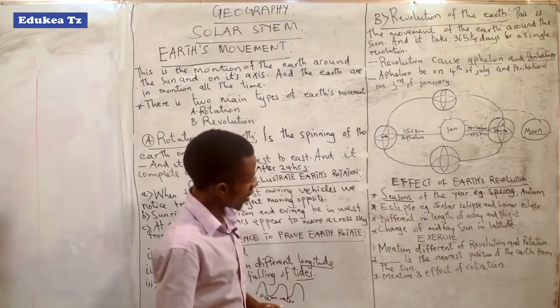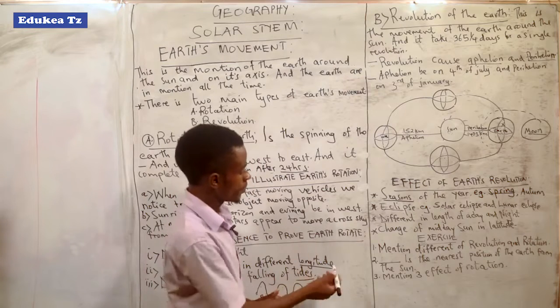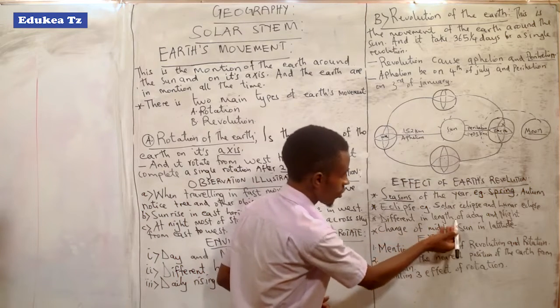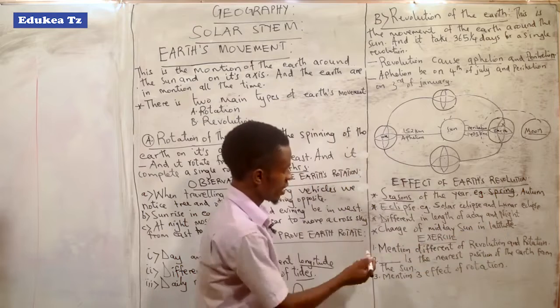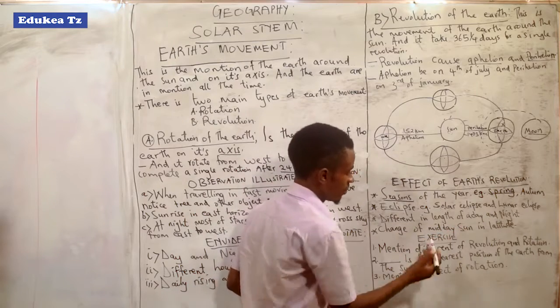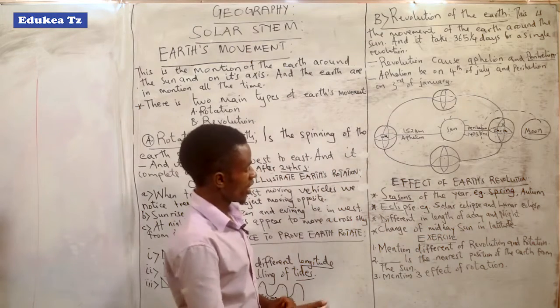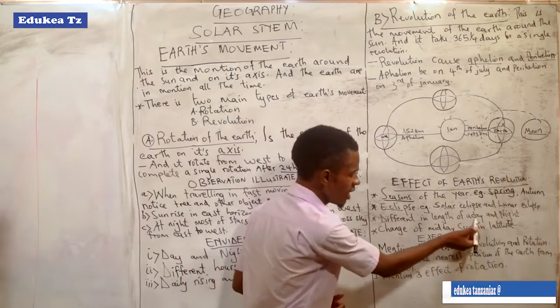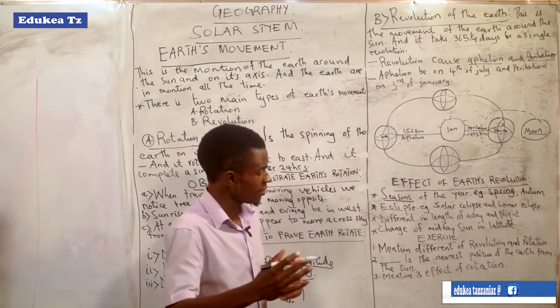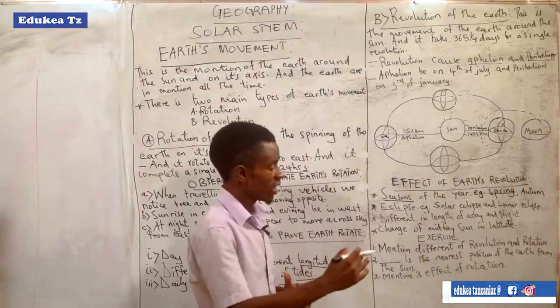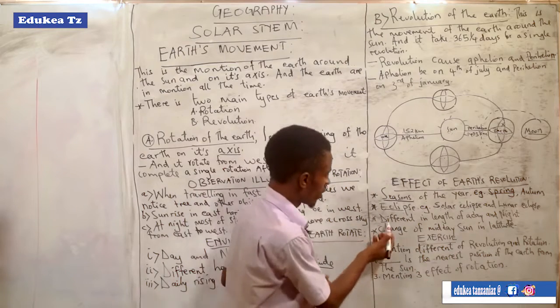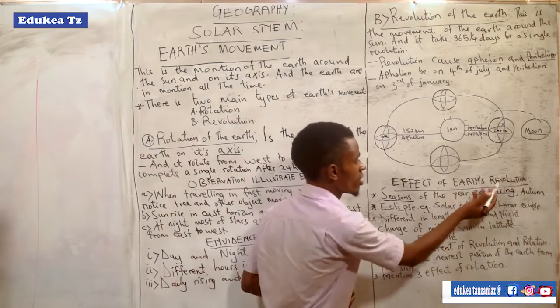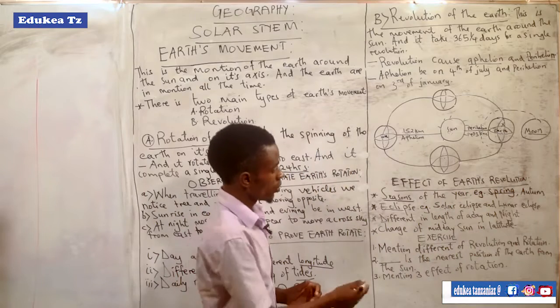Then the third effect of the Earth's revolution is the difference in the length of day and night. This means that there is a time when the day is long but the night is short. This difference is caused by the Earth's revolution.